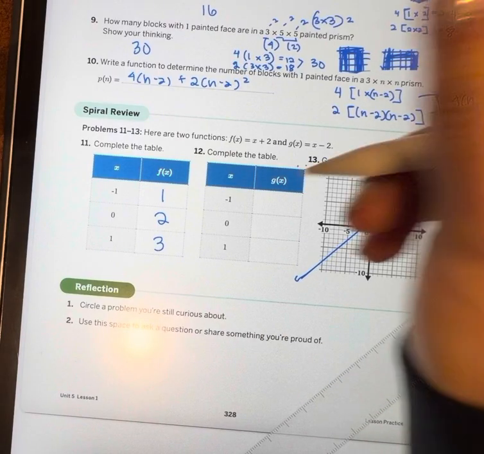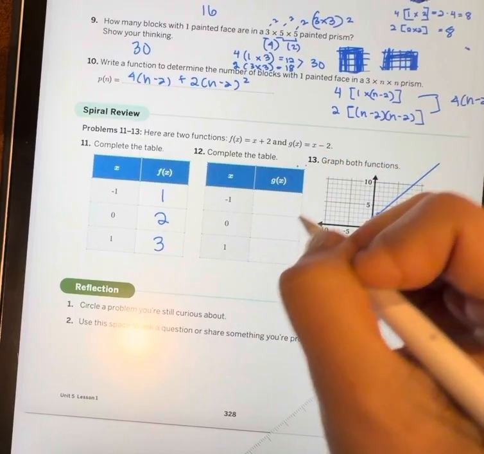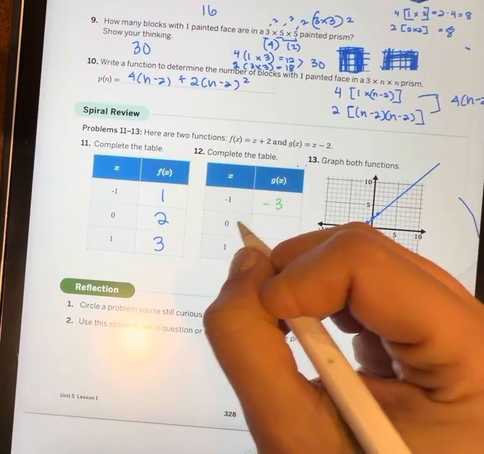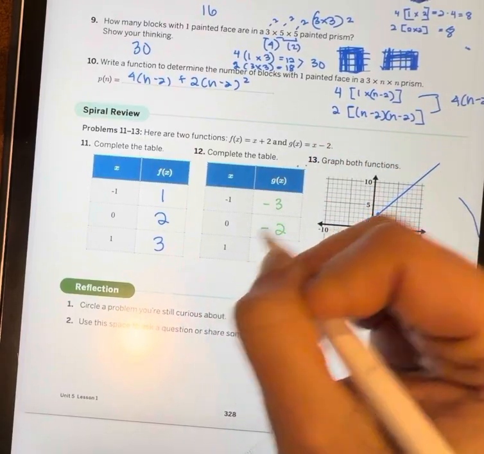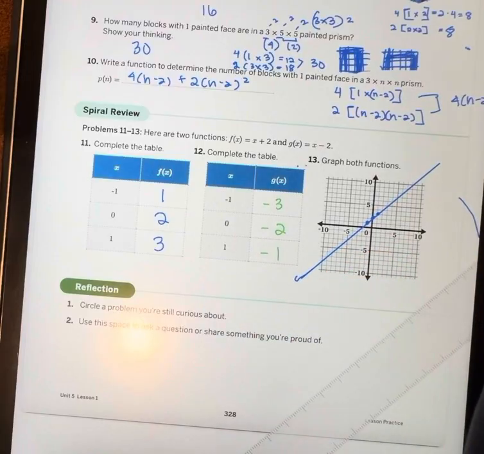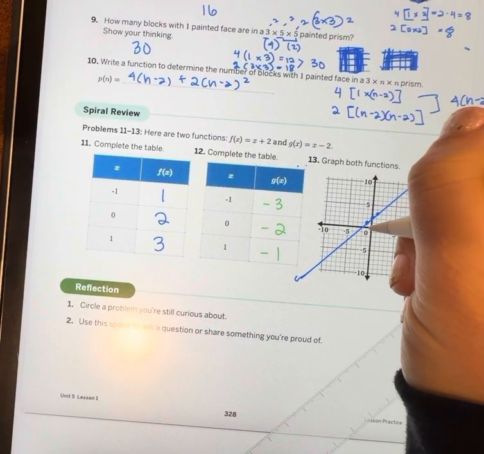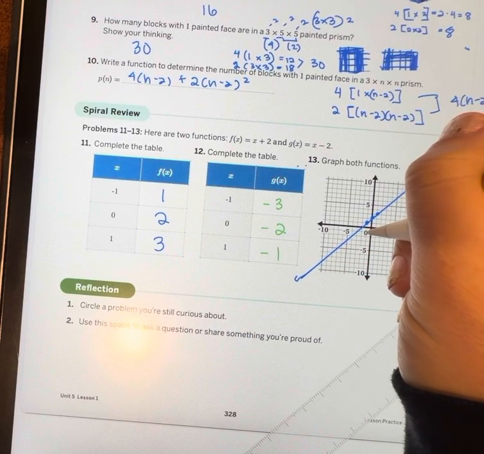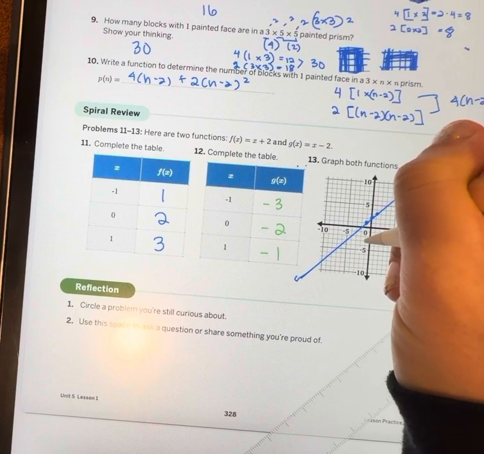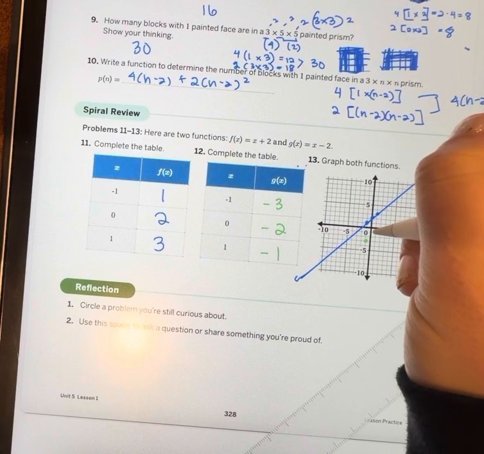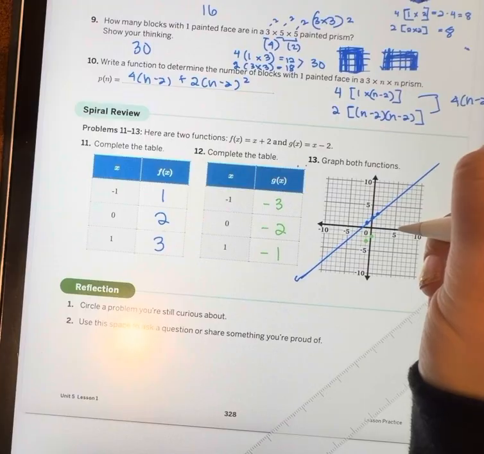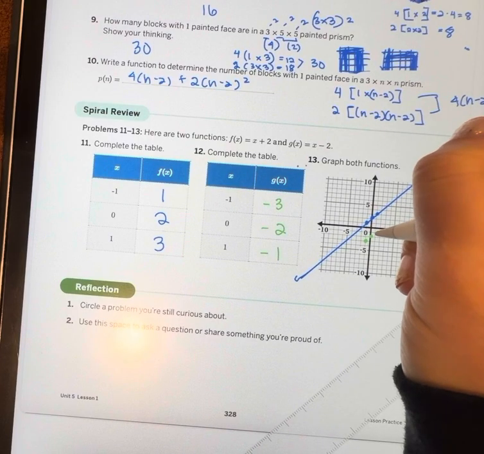And now let's go do this one. -1 plugged in here, that's -3. 0 minus 2, -2. 1 minus 2, -1. Let's plot that guy. So that's -1, -1, 2, 3. This is 0, -2. And this is 1, -1.